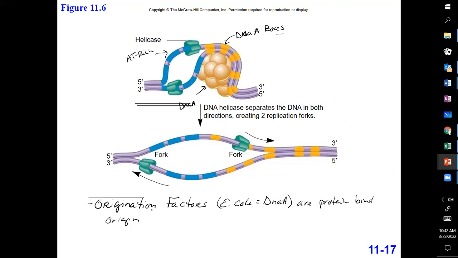So origination factors are proteins that bind to the origin and cause the helix strands to separate, forming what is called a replication bubble.